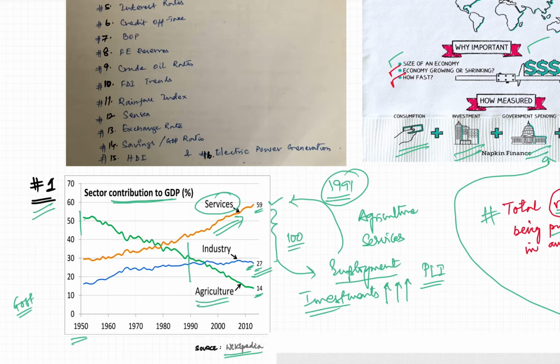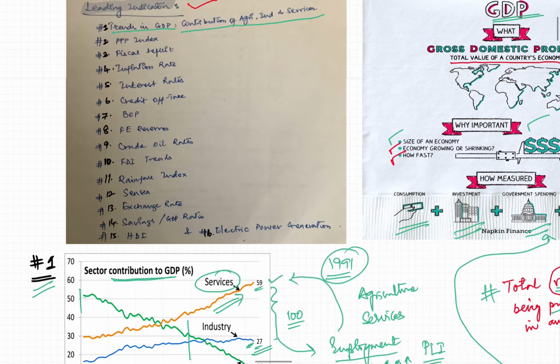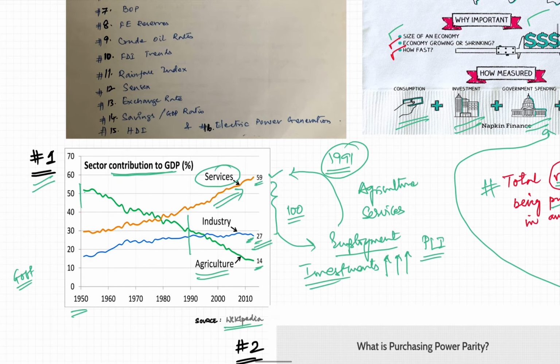So our economy is more importantly relying on the service sector for its contributions. This also indicates whether the GDP is moving up. If the GDP is moving up, obviously it reflects that consumption is moving up, the size is growing, the economy is growing.